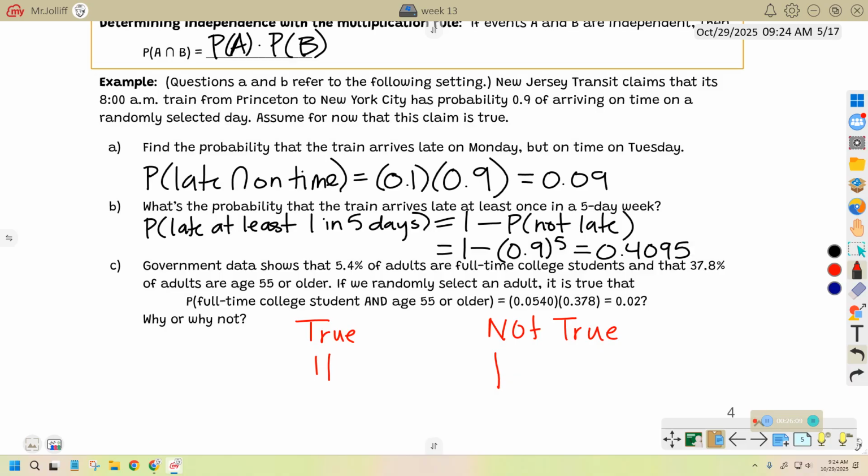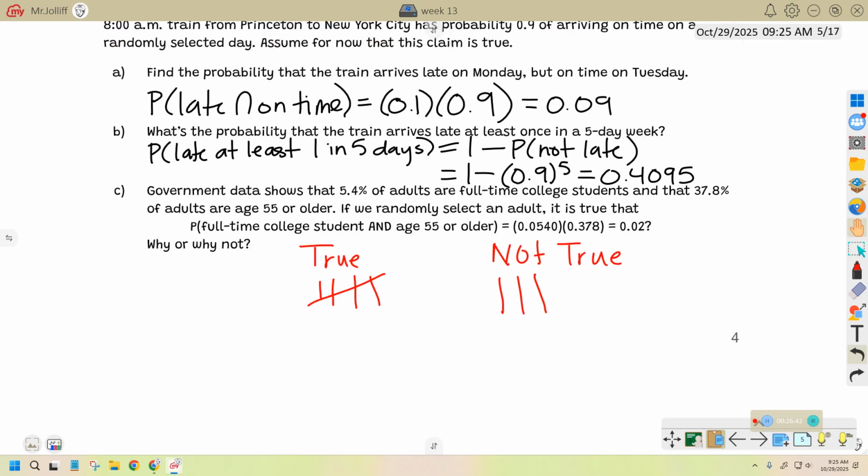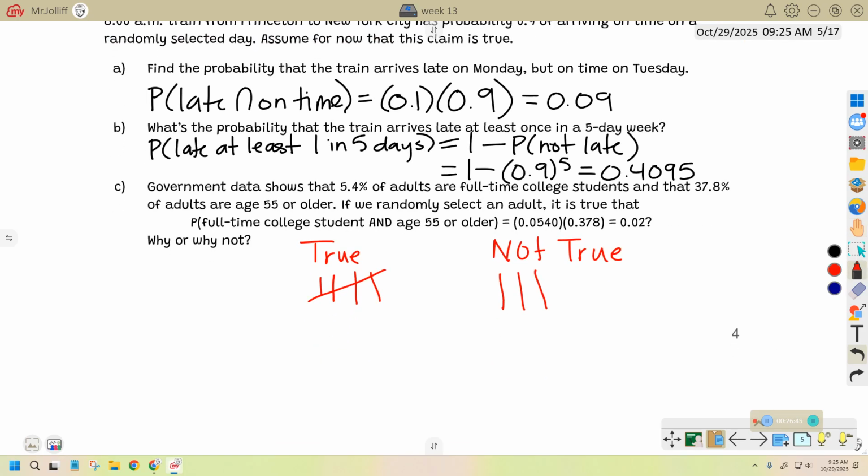Carl, what about your table? True. Mario, what about your table? You said true. Very good. Caleb, what about your table? I think you said no. Okay, Julian, what about your table? You said true. Kaylee, what about your table? You said no.